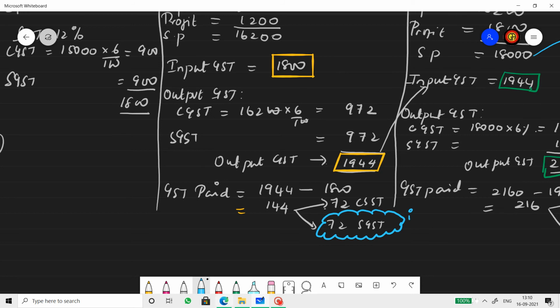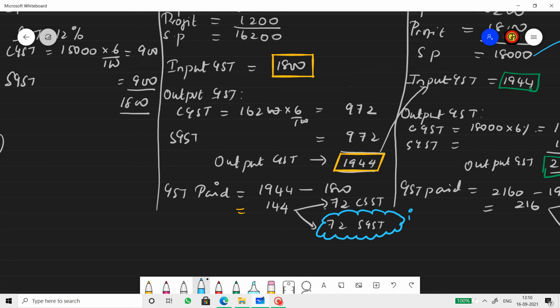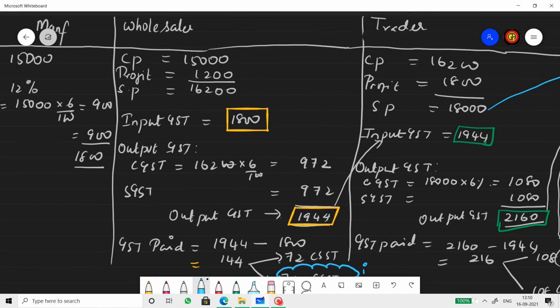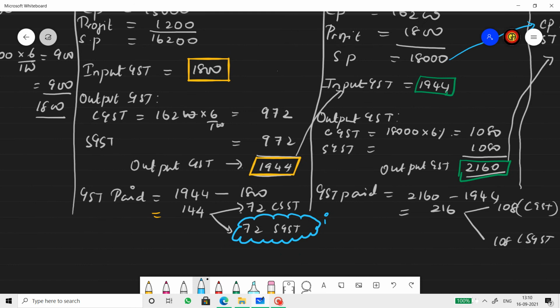Okay. Question number 2. The amount of tax received by the central government from the trader. So from the trader, what the central government has received. Who is a trader here? He is a trader. And what is the central government receiving? Well, central government is receiving 108 rupees. So this is Roman number 2.